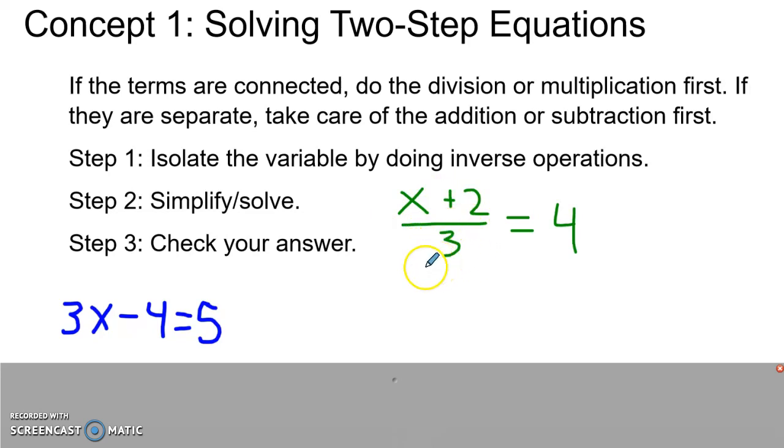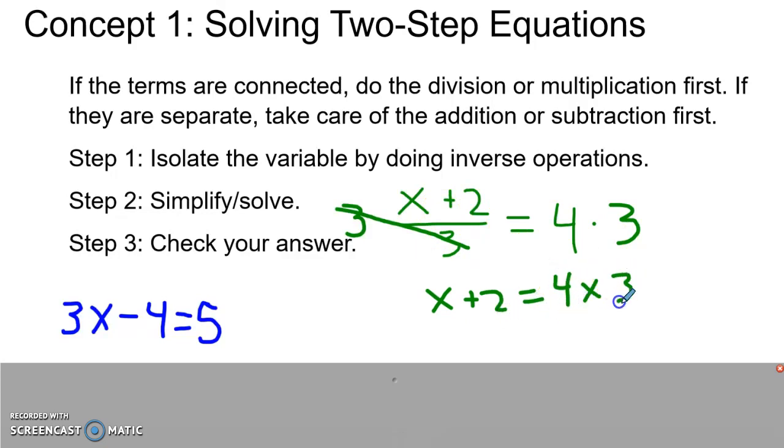So just like if we had a problem that was just a variable divided by a number, we are going to start off by multiplying that by whatever's in the denominator. So we multiply 3 to both sides. These cancel, and we'll rewrite it. X plus 2 equals 4 times 3.